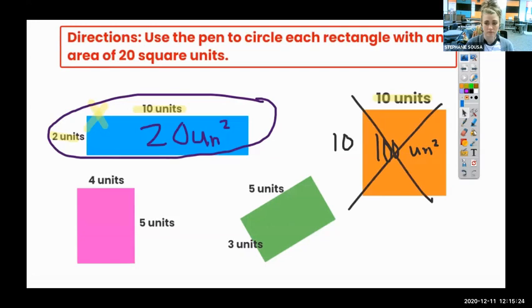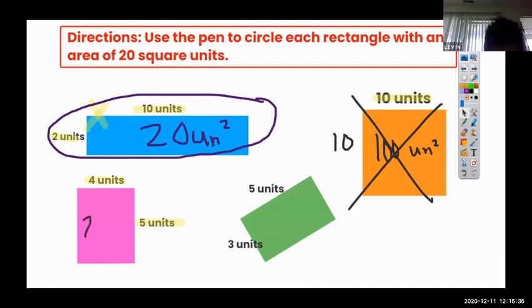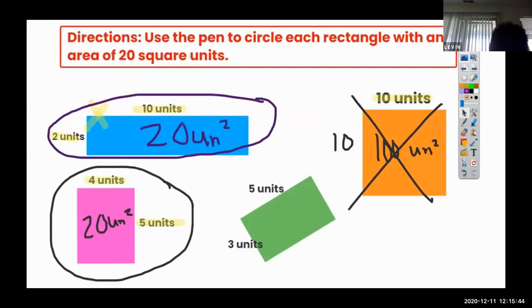The pink rectangle has a width of 4 units and a length of 5 units. We know that 4 times 5 is 4, 8, 12, 16, 20. So this has an area of 20 units squared. We can circle this as an additional answer to the problem.